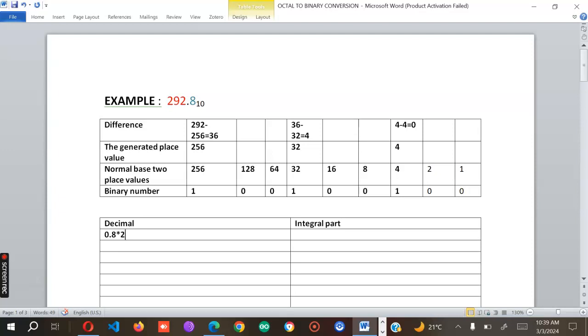So 0.8 multiplied by 2 will give you 1.6. So what you need to do, you write the integral part, the 1 here. Then the fractional part, you will remain with 0.6.